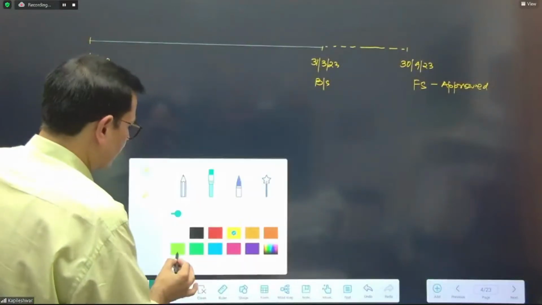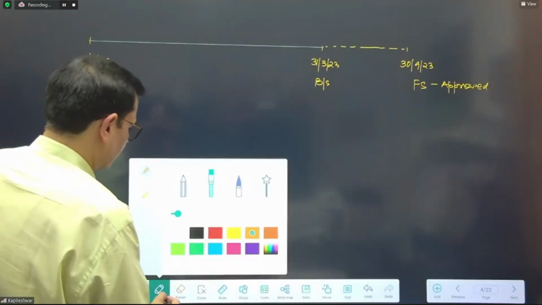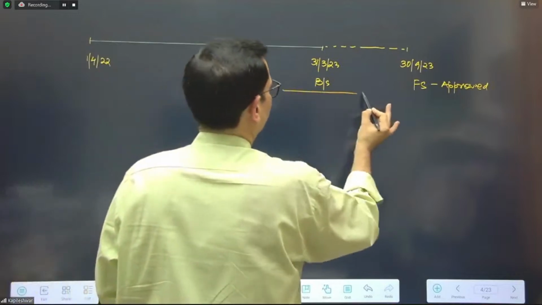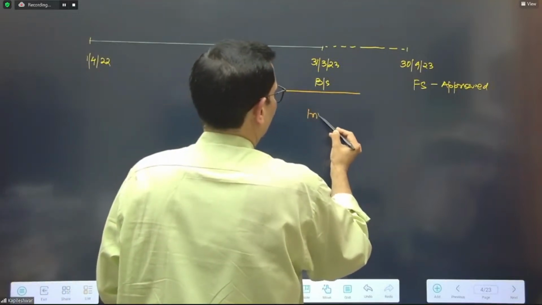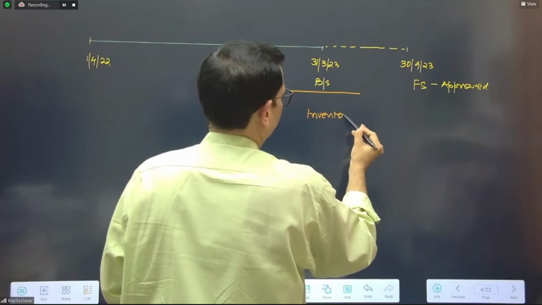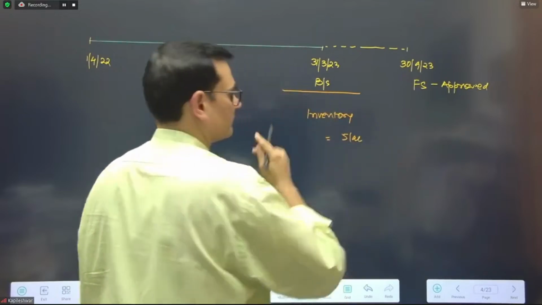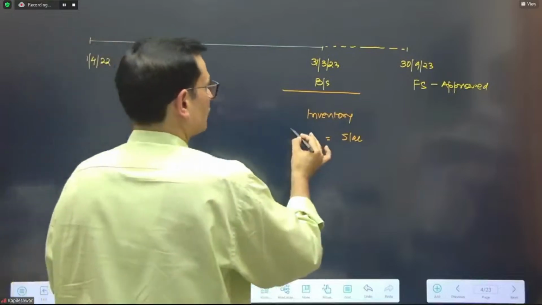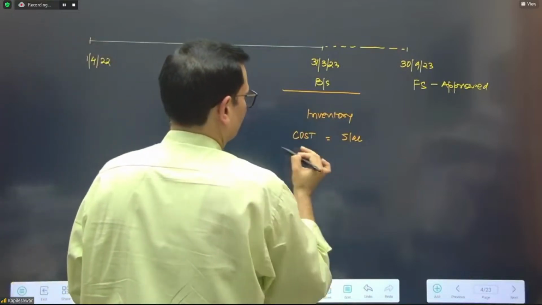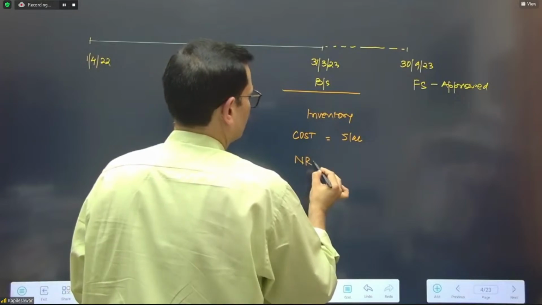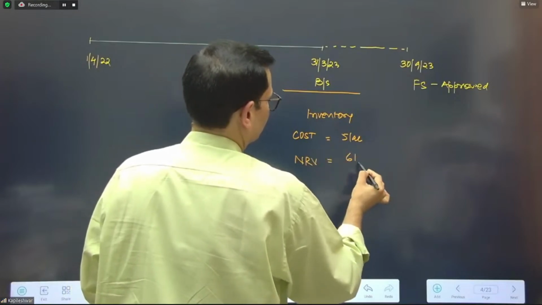Now let's consider the company was making a balance sheet and I had inventory. The cost of this inventory is 5 lakhs and the net realizable value of this inventory is 6 lakh.